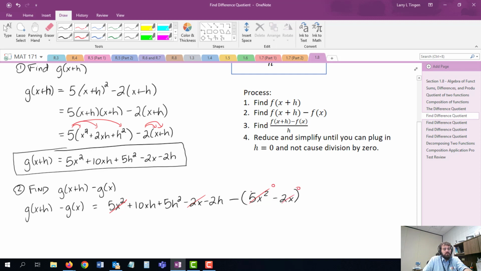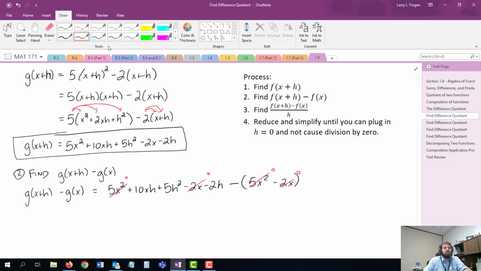So those go to 0. And I'm left with 10xh plus 5h squared minus 2h. All right, so that's step 2.